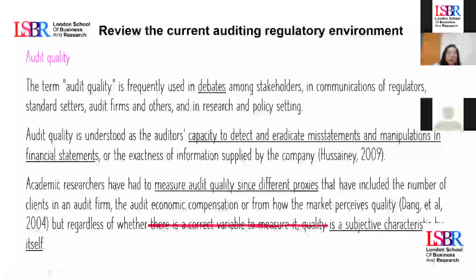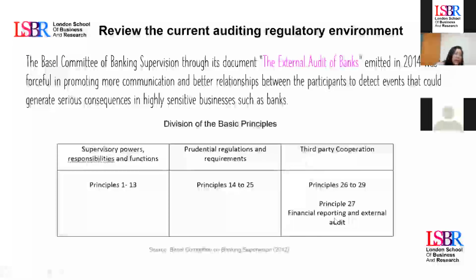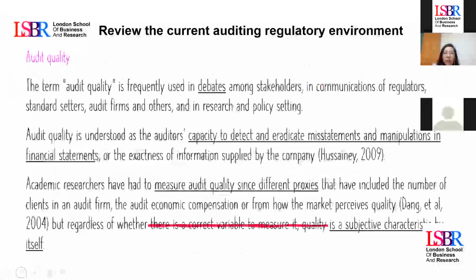And it's important to know that principle 27 considers the concept called audit quality. But audit quality has been a very, very controversial concept, because quality is a characteristic that could be measured with different proxies.